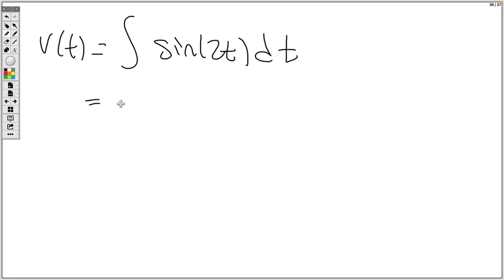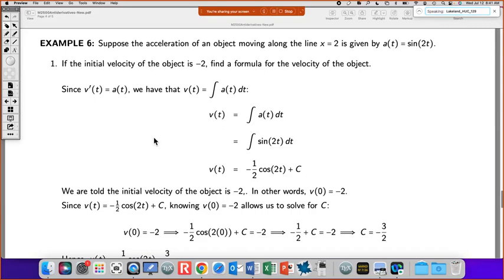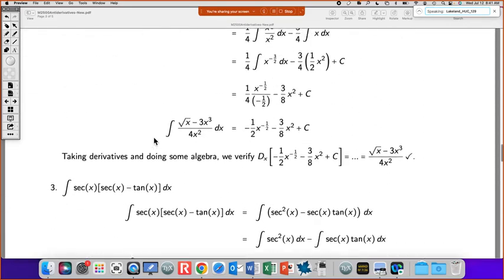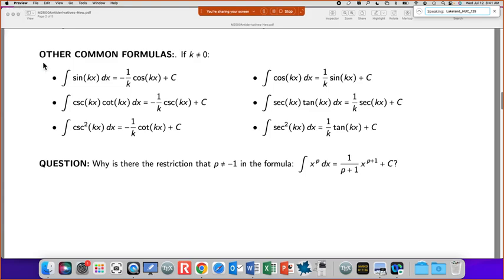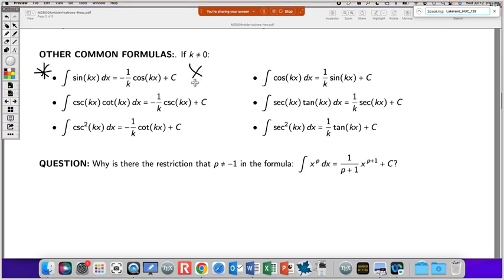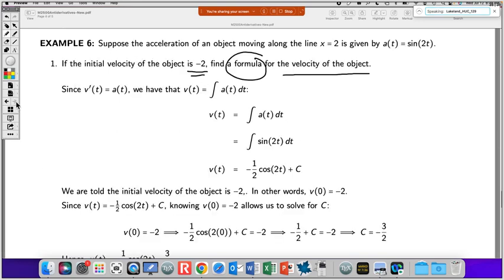And this is one of those basic formulas. So I head off here. Once again, make flashcards, go off to Quizlet or whatever. When you integrate sine of a constant times t, it's going to be more or less minus cosine of that constant times t, but I have to divide out that constant.